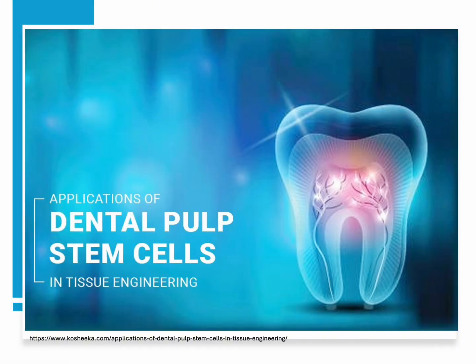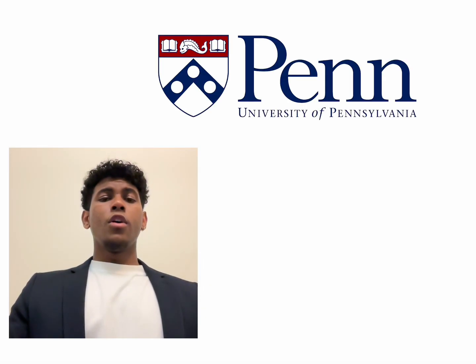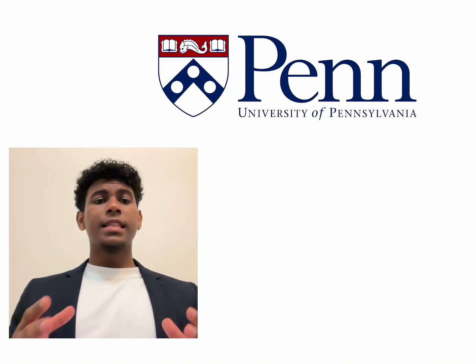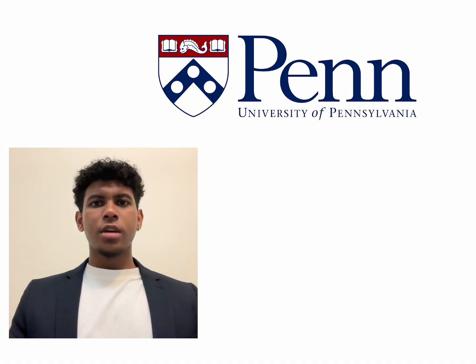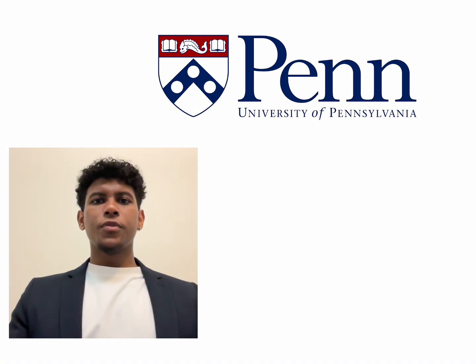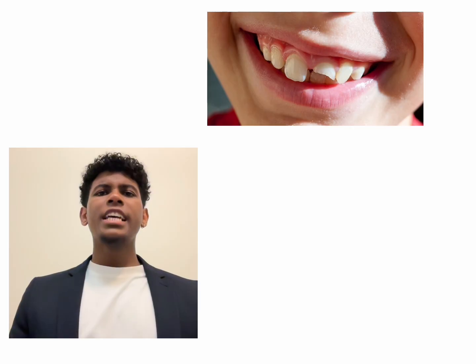Application of dental pulp stem cell in tissue engineering. The University of Pennsylvania's latest clinical trial used dental pulp stem cells to restore broken teeth, specifically in children, where half are expected to experience tooth injury.